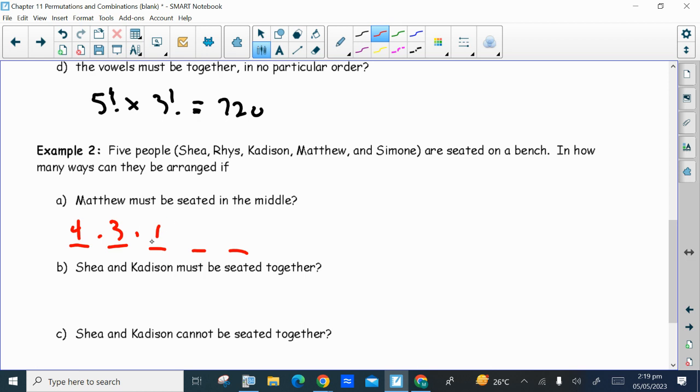The middle seat is fixed, so there's only one choice there. and 2 times 1 for the last two spots. So essentially, it's 4 factorial. 4 times 3 times 2 times 1, which doesn't change anything. So that's 24.